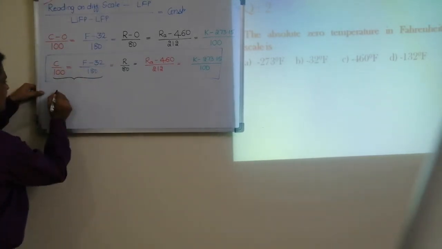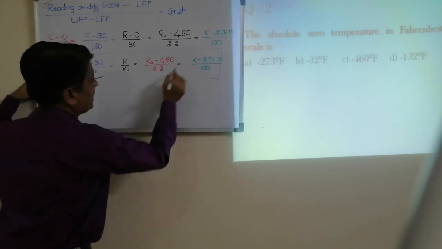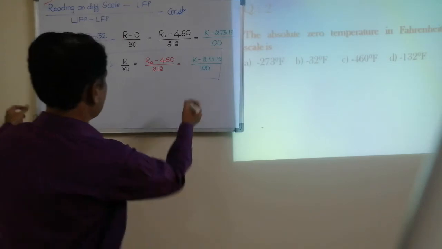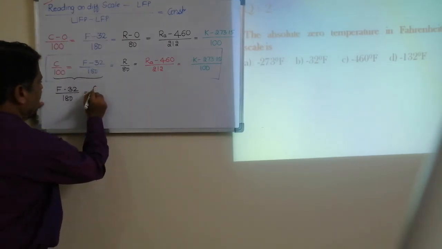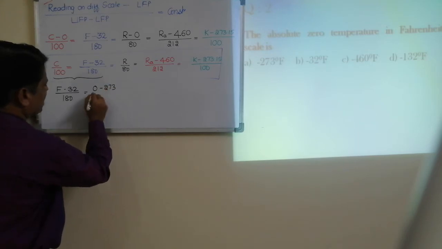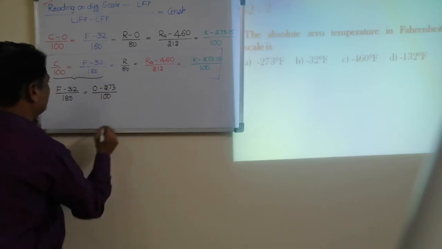So use this: (F minus 32) divided by 180 is equal to (K minus 273) divided by 100. Here K means what we have taken, absolute zero. Absolute zero means 0 Kelvin, minus 273, better we take that much only, divided by 100.